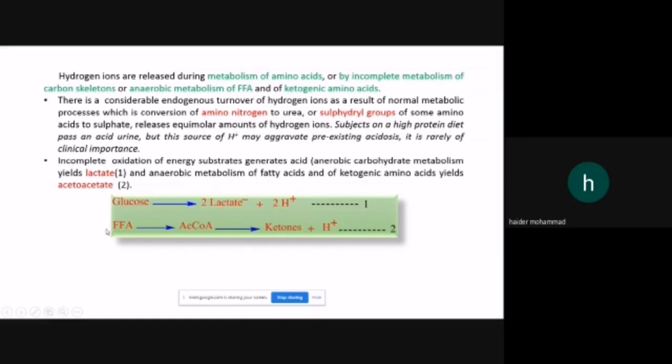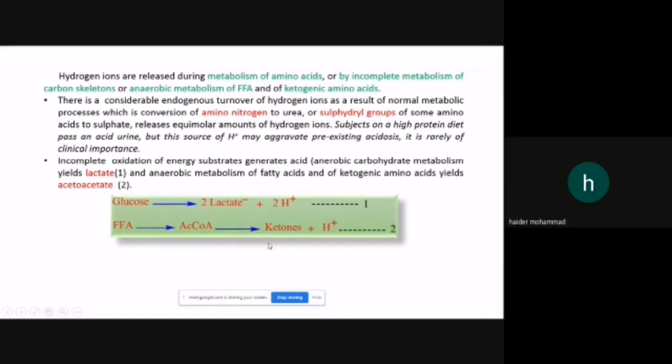So during starvation, in adipose tissue there is hydrolysis of triglyceride, giving us free fatty acid. Free fatty acid is converted to acetyl CoA. In the liver it will be converted to ketones plus proton.